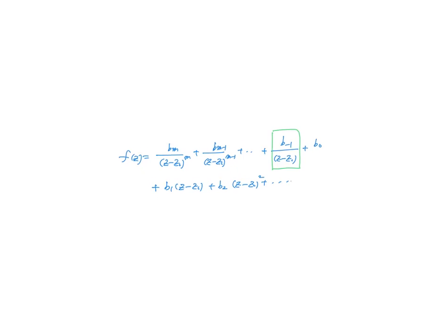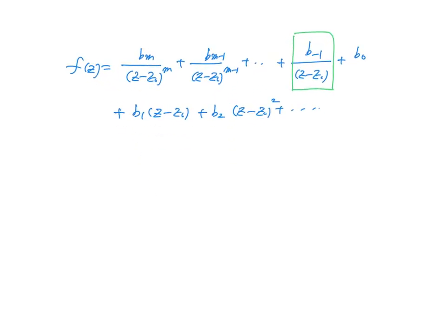So again, assuming Bm is the first coefficient that is not 0, if we multiply f z by z minus z naught to the power m minus 1 and take the limit, what happens?